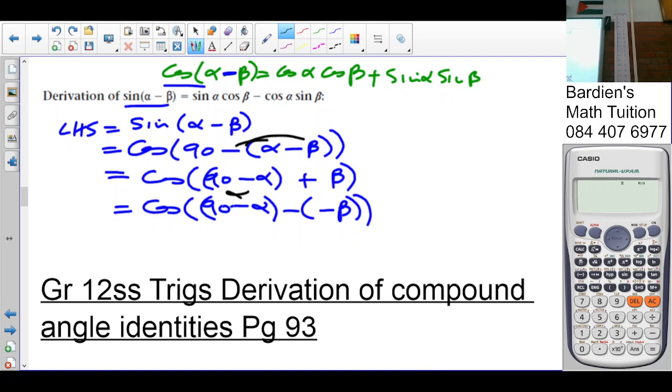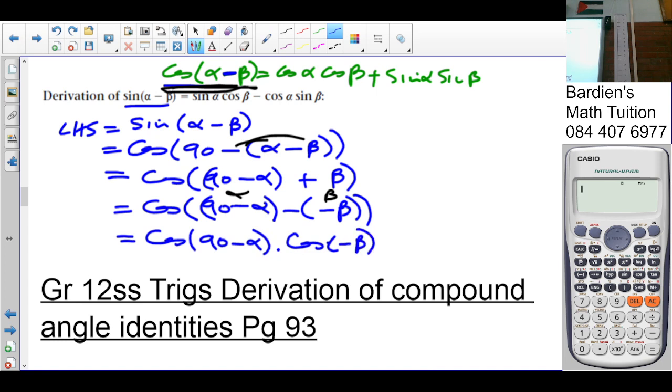What's in beta's place? Minus beta. Why am I looking at it like that? So that I can identify with that formula there. So it's going to become cos of 90 minus alpha times cos of beta, so it's cos of minus beta, plus sine of 90 minus alpha, sine of beta, which is sine of minus beta.